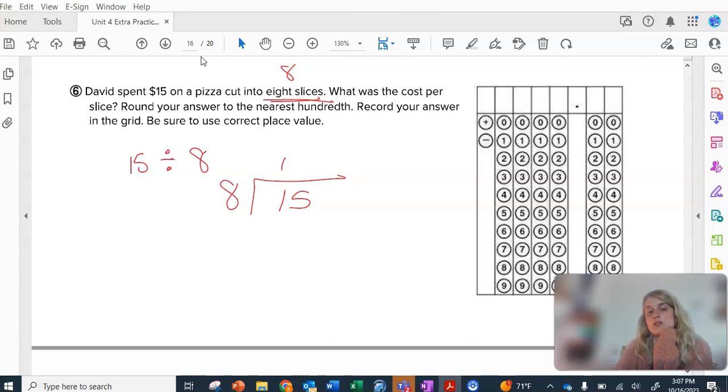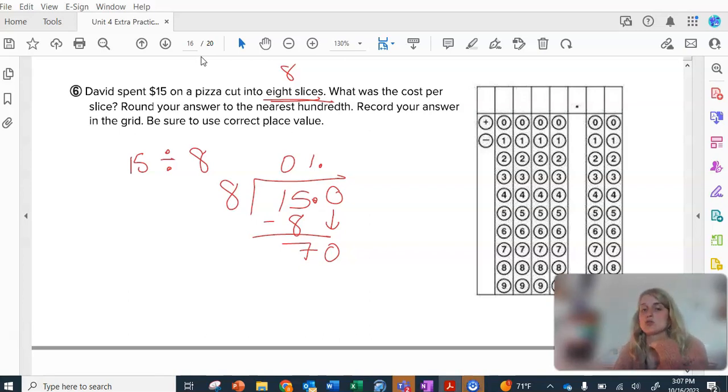8 goes into 1, 0 times. 8 goes into 15. Ooh, only 1 time because 2 8s is 16. That's too big. Add a decimal, raise it to the roof. Add a 0, bring it down. 8 goes into 70. 8 times 10 is obviously not going to work, because that's 80 and that's a double digit number. But let's back it down to 8 times 9.